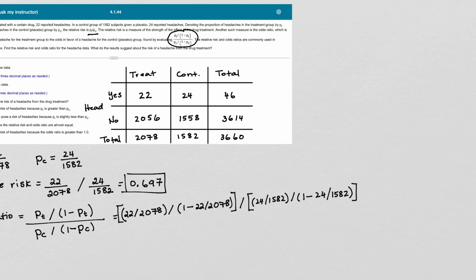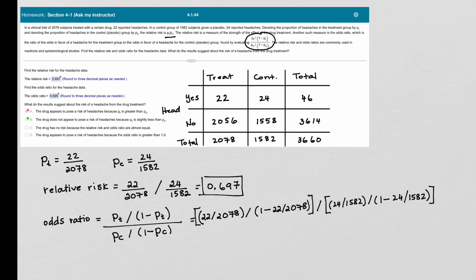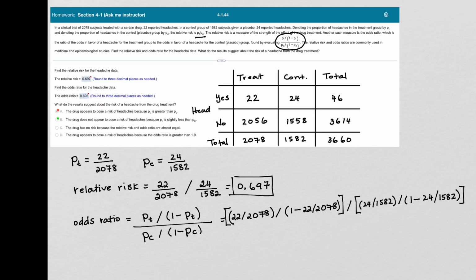And close that. And I used brackets here. You can use parentheses in order to keep everything grouped up properly. And when you do that, you're going to get 0.695.